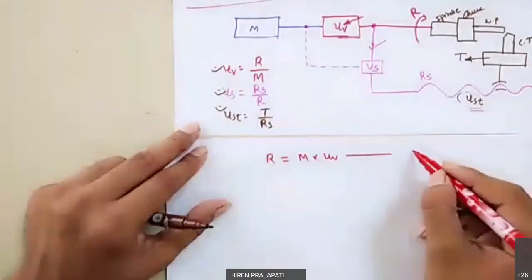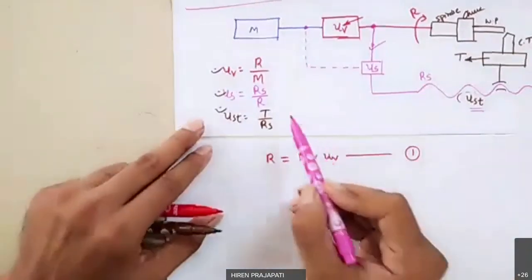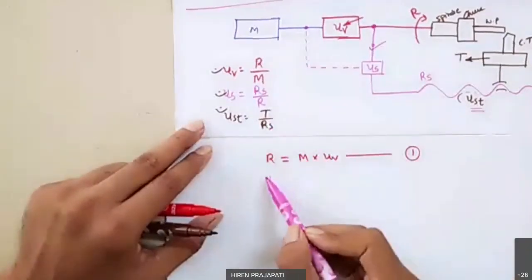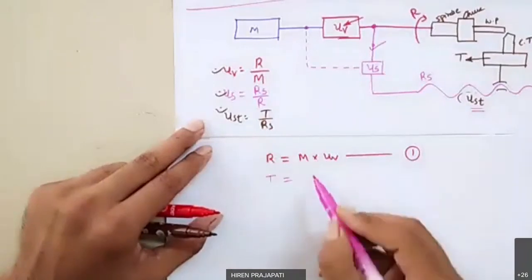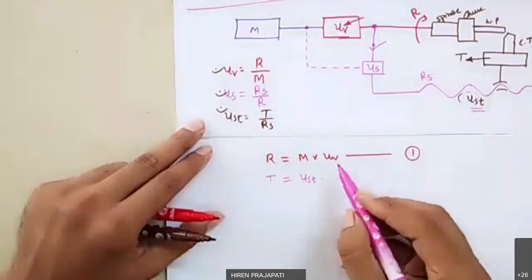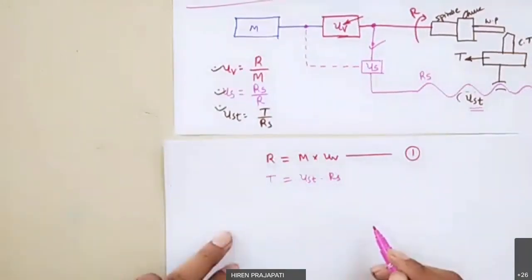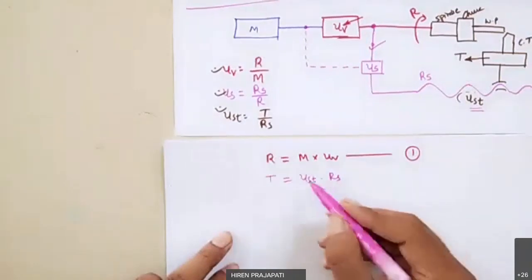I call this 1. This T is equal to UST into RS, right?